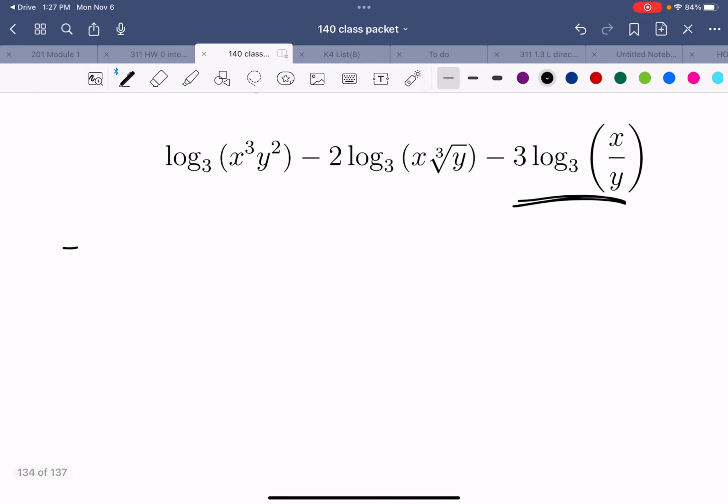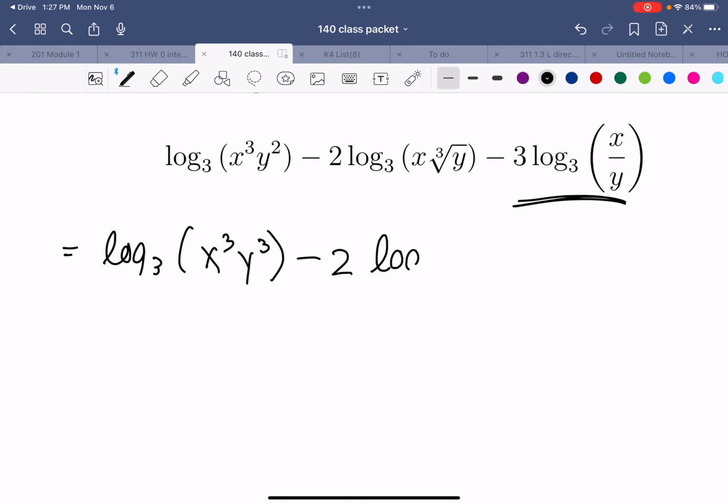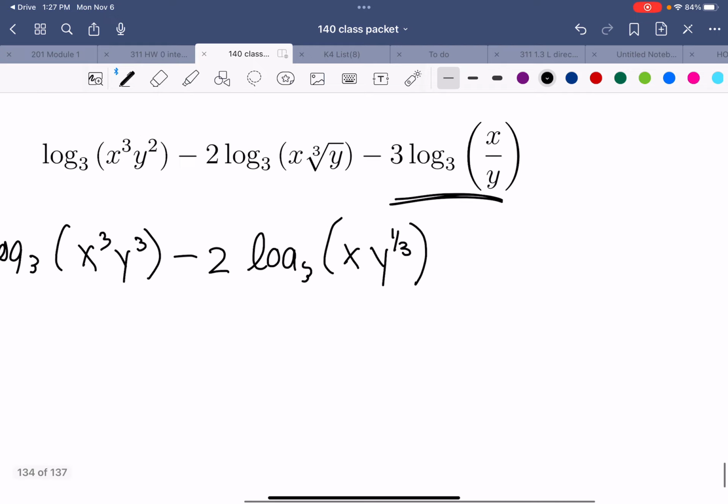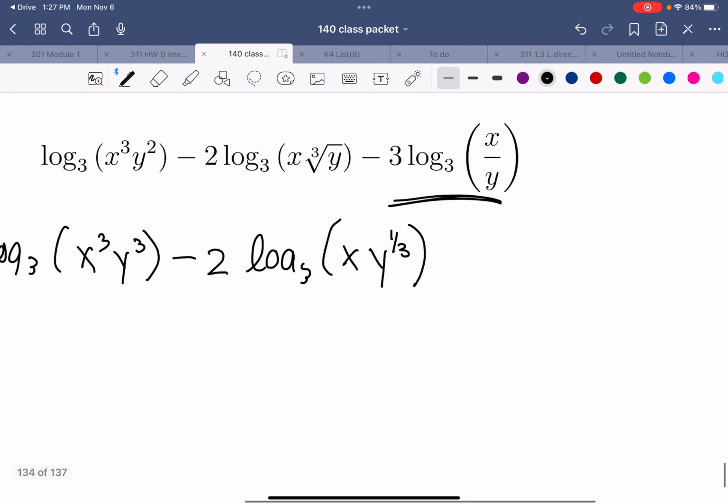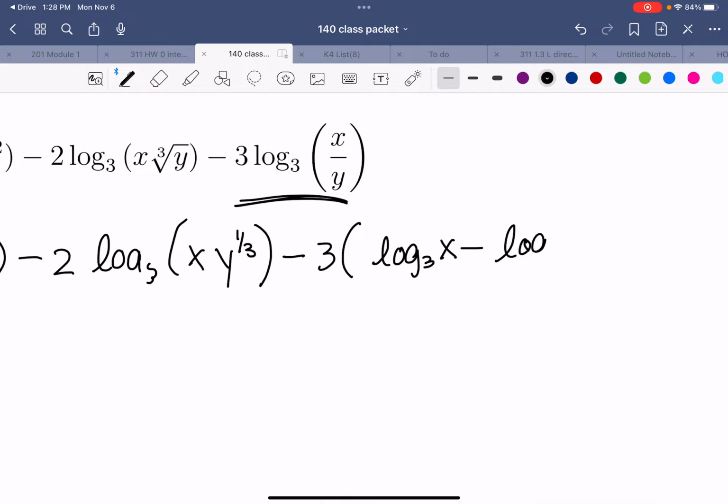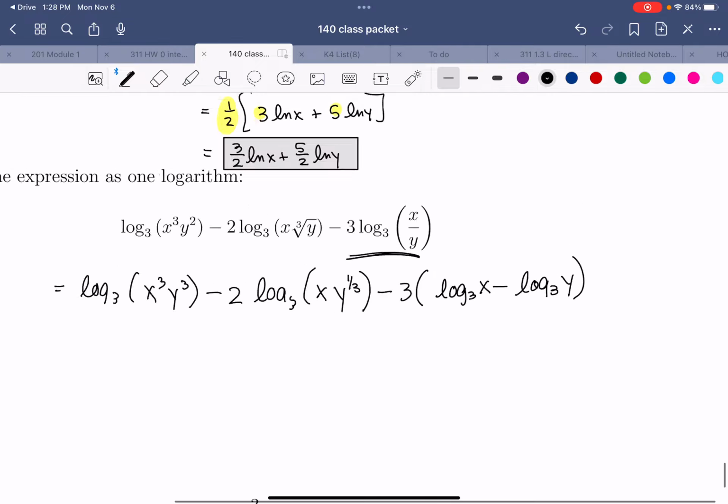So this is the same as log base 3 of x cubed y cubed minus 2 log base 3 of x, and I'm going to change that to y to the 1/3, because the cube root, just like the square root becomes the 1/2 power, the cube root becomes the 1/3 power, minus 3 times log base 3 of x minus log base 3 of y.